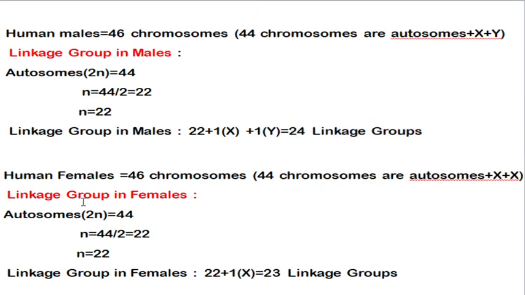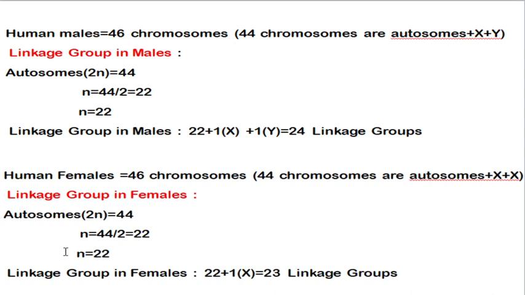Whereas, how many linkage groups are present in human female? The total number of chromosomes present in human female is 46. So we have 44 autosomes plus 2 X chromosomes. So the male has 3 different chromosomes, whereas the female has only 2 different chromosomes. We don't have a Y chromosome. So how do you find the linkage groups in female?